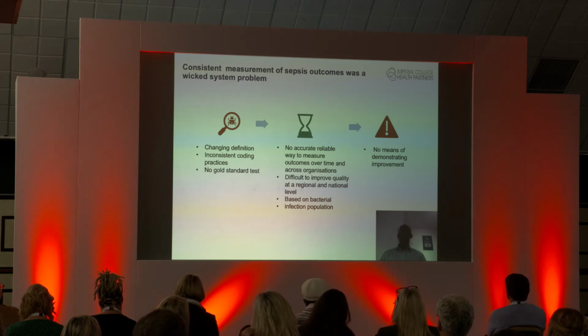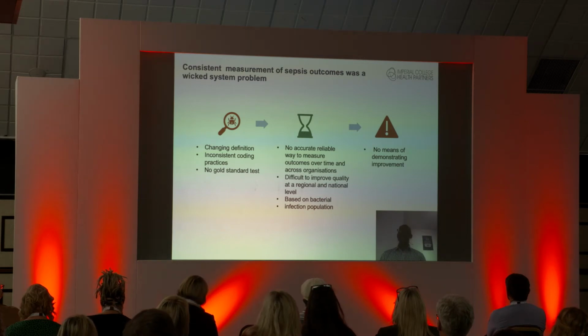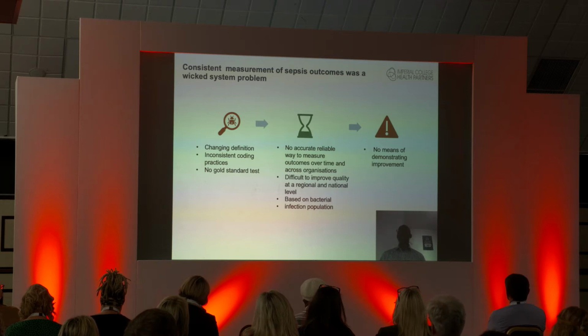And thirdly, there is still no gold standard test for sepsis. When you put all these 3 factors together, what you get is an unreliable way of measuring sepsis outcomes over time across organizations, across regions, and nationally in the past.